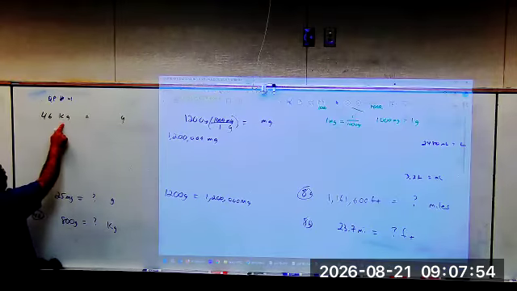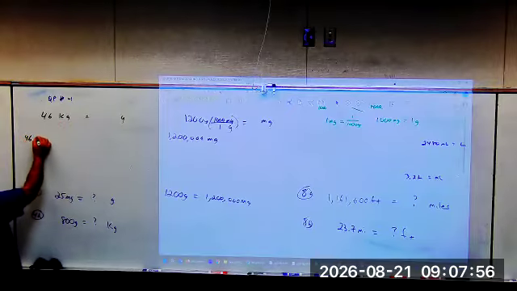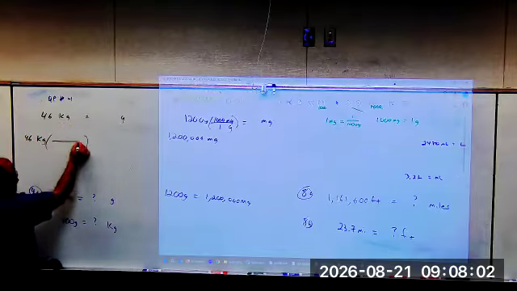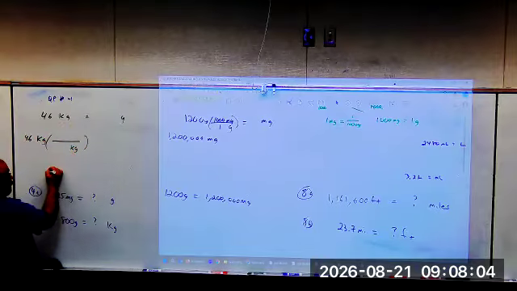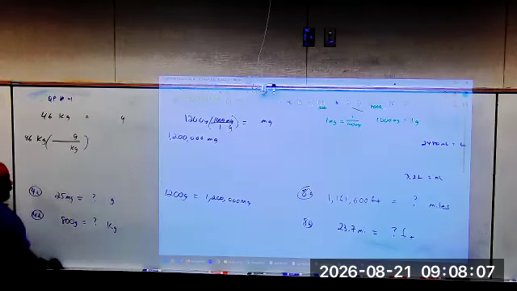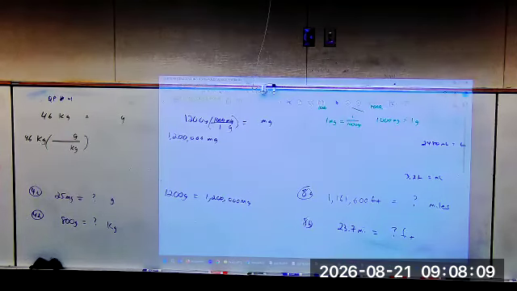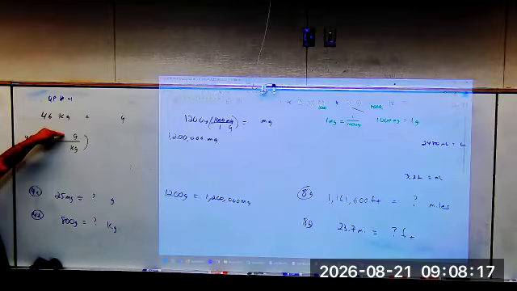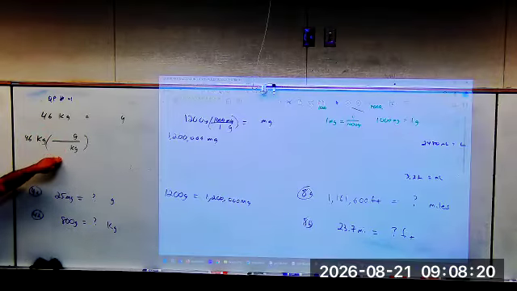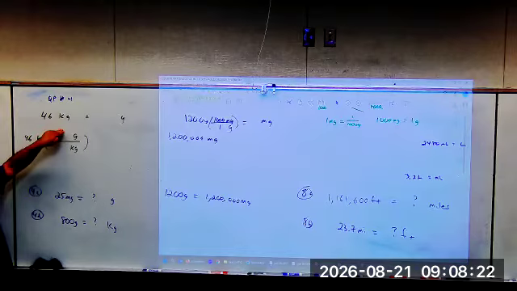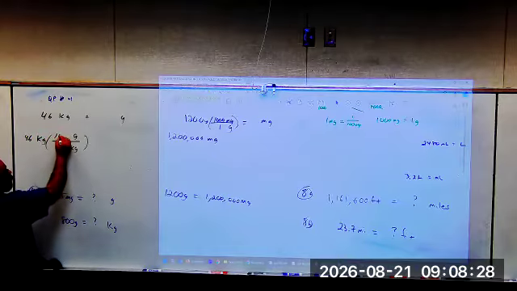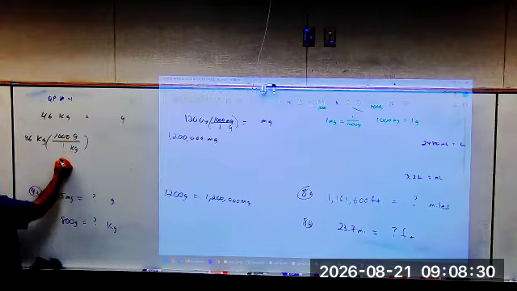I don't want kilograms. We want grams. So 46 of those kilograms. I don't want the kilograms, so I want to divide by the kilogram unit. I want grams in the numerator. I want to end up with grams. So the conversion: is there 1,000 grams in a kilogram, or 1,000 kilograms in 1 gram? 1,000 grams in 1 kilogram.